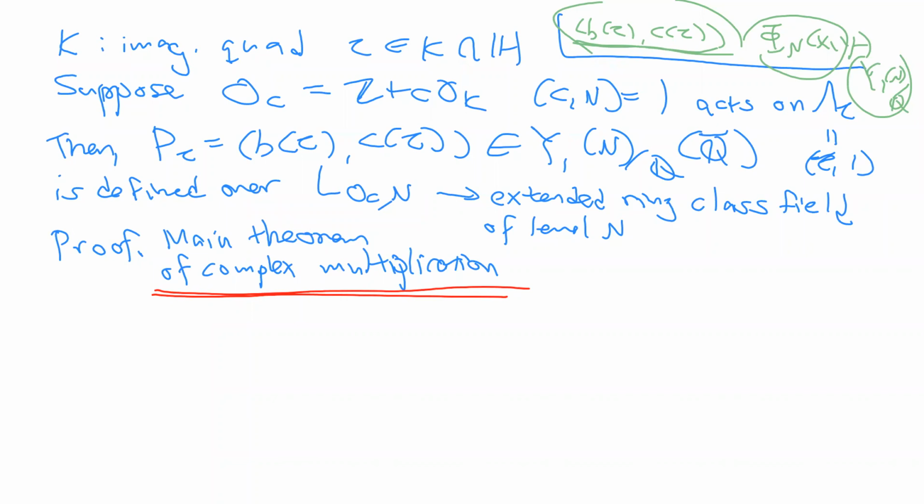And for the rest of the paper, to show that these are Euler systems, we use nothing other than the main theorem of complex multiplication, possibly due to our lack of foresight, maybe. But anyway, okay. Now we're going to show that they are actually Euler systems.